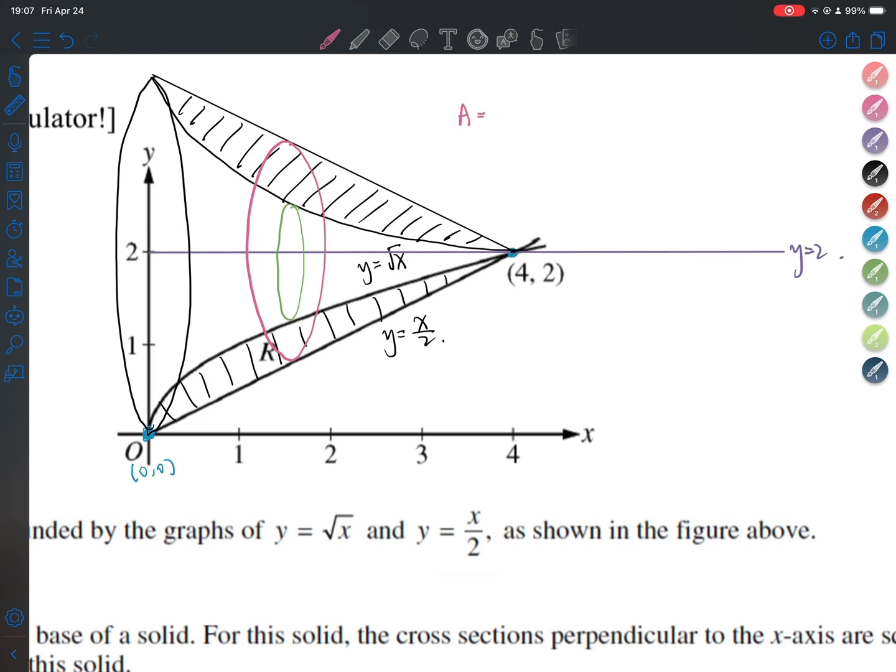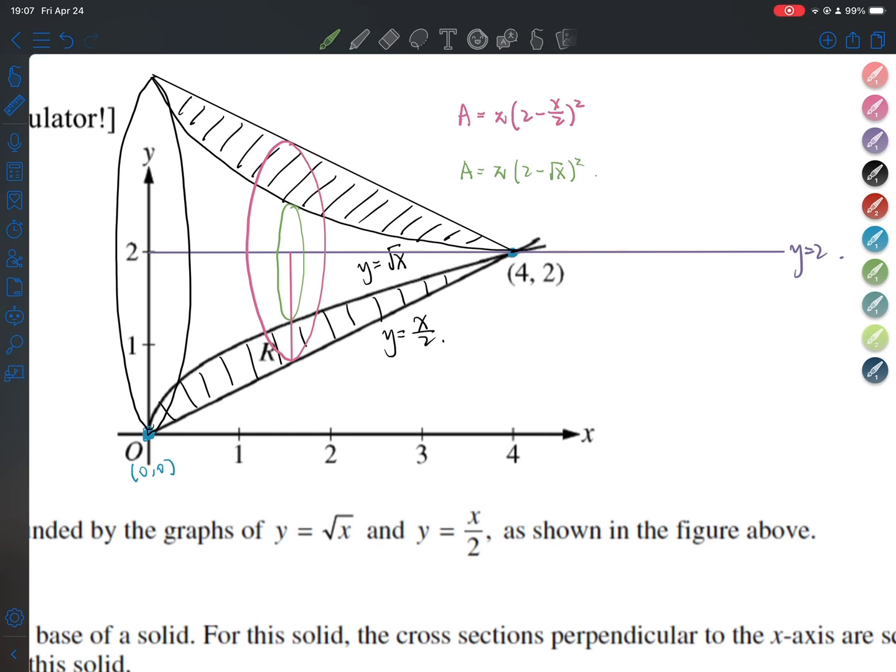So the cross-section is just the area of the pink circle minus the green circle. So the pink area equals pi r squared, and the r is just the purple line to the bottom straight line. So let's write A equals pi r squared, and the r is 2 minus x over 2. So pi times (2 minus x over 2) squared. Let's use the same thing for the area of the green circle, which is area equals pi times (2 minus root x) squared.